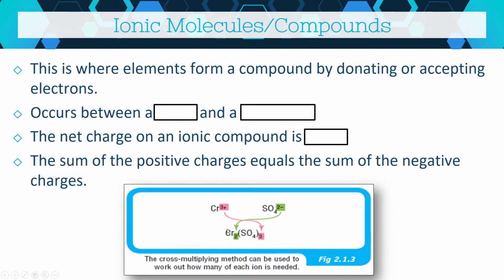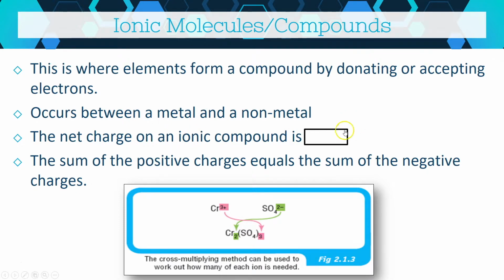Now, I want to start getting into talking about how you can take two different ions, a positive ion and a negative ion, and work out what molecule they're going to form. There is a really handy trick that we're going to get to in a moment. You need to remember that in ionic bonding, elements form a compound by donating or accepting electrons, and it occurs between a cation and an anion, or a metal and a non-metal, I should say.